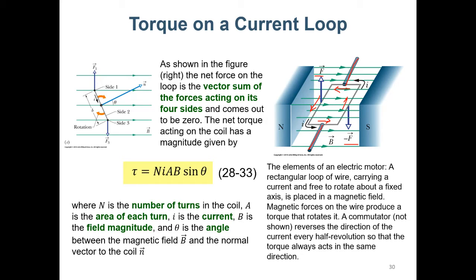So the current is going counterclockwise, but this loop will rotate clockwise, if you see it from this side. Of course, if you watch it from that side, you will consider it is rotating counterclockwise, depending on which side you are looking at it.